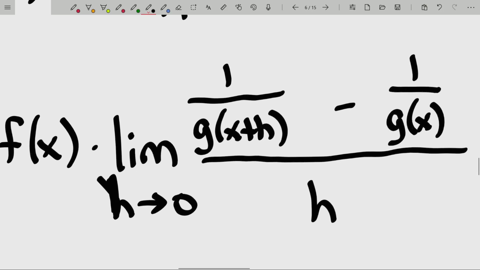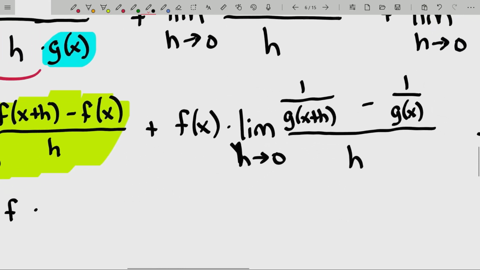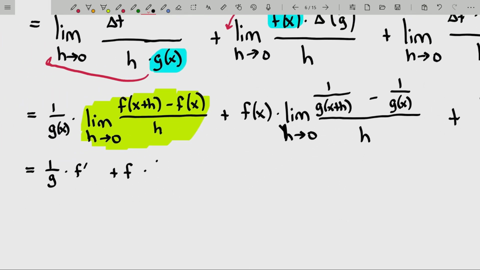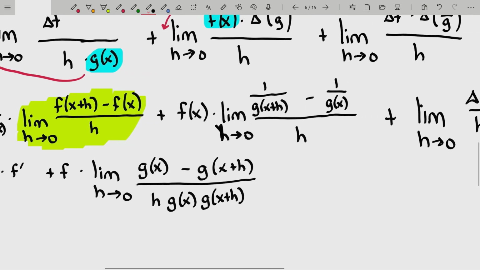So what I'm going to do is multiply both numerator and denominator by g of x times g of x plus h. When I do that, I get the following. Limit as h tends to 0 of g of x minus g of x plus h, just using our good old algebra we learned way back when, over h times g of x times g of x plus h. We'll deal with that in a moment.